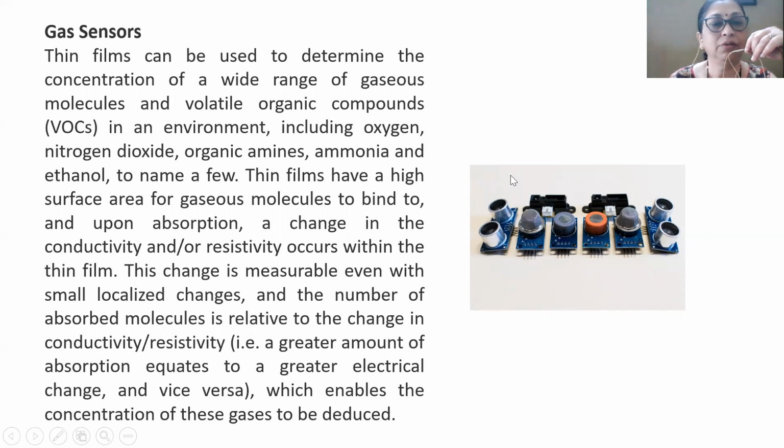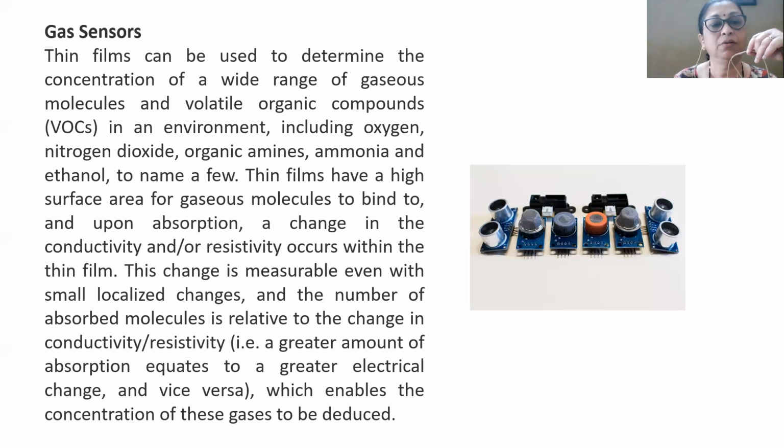They are used to detect gases like nitrogen dioxide, ammonia, ethanol, etc. The advantage of thin films is that they have high surface area, so adsorption of the gas molecules to a greater extent can occur at the surface of the thin film sensor.